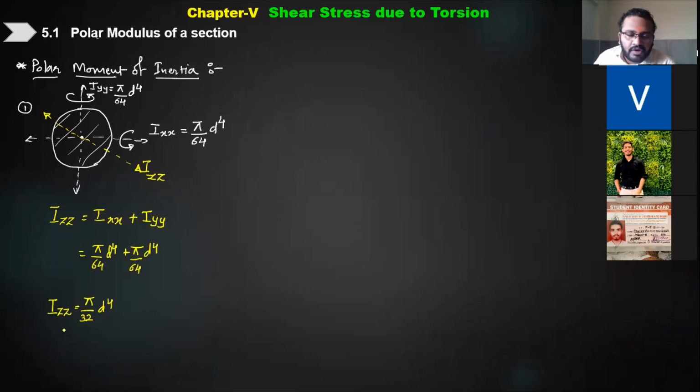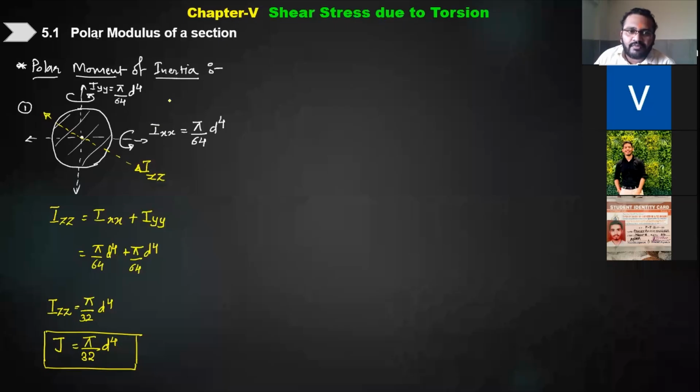This can also be called the polar moment of inertia, and the polar moment of inertia is denoted by the letter J. So J for circular cross section is pi by 32 d raised to 4. Understanding it? Now this is called the polar moment of inertia.